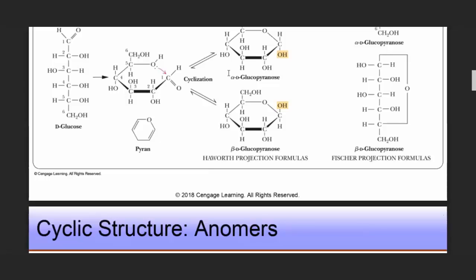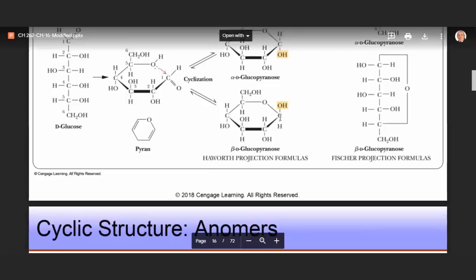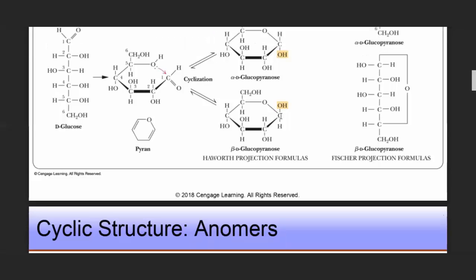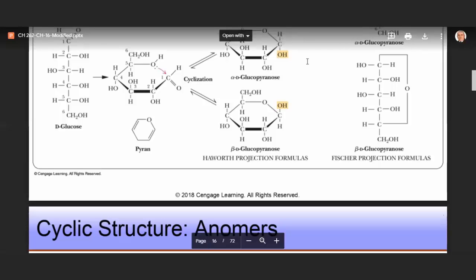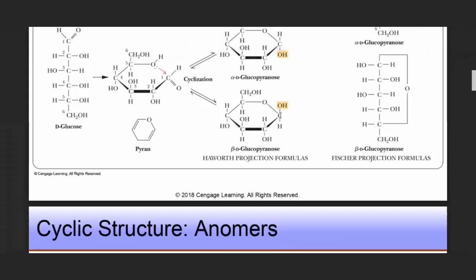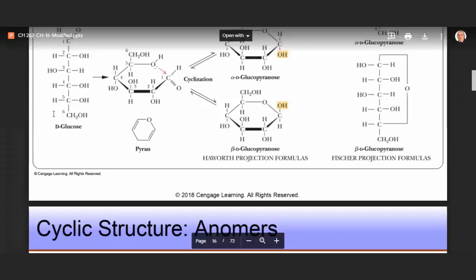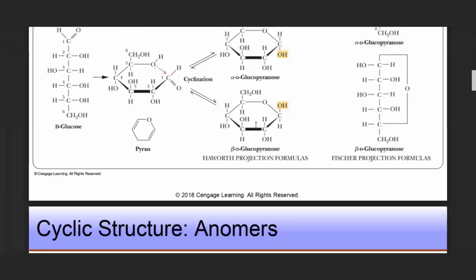Now the newly formed carbon is chiral and is called the anomeric carbon. It's usually given number 1 in counting. So in the Fischer formula, D-glucose has 4 chiral centers. In the Haworth, D-glucose has 5 chiral carbons, remember.